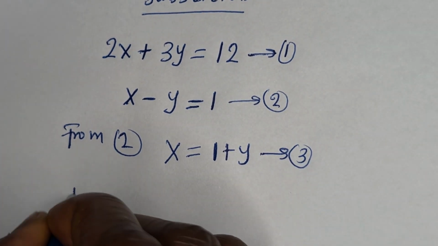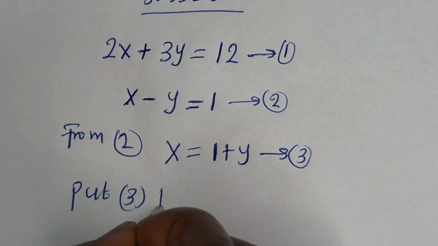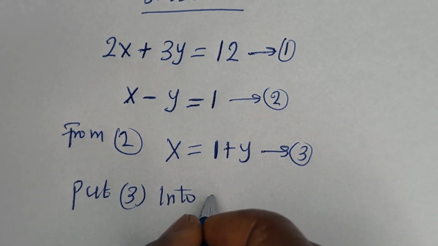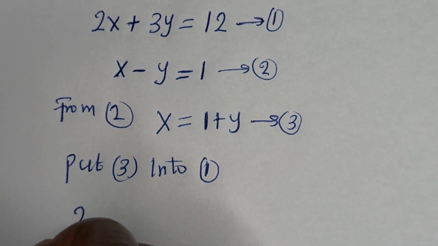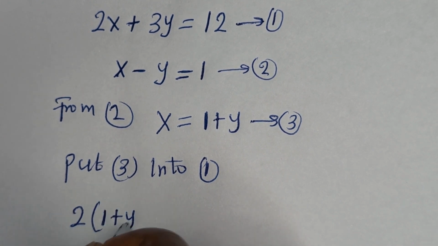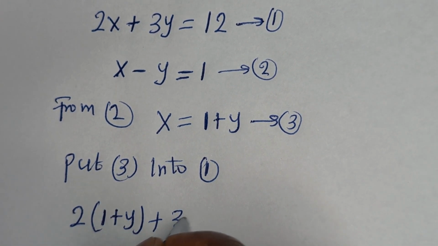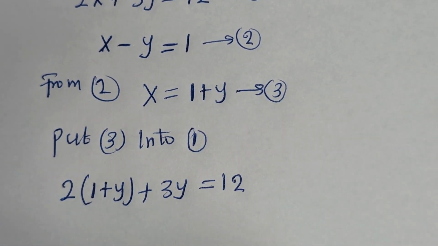That is, put equation 3 into equation 1. Then we have 2 bracket 1 plus y plus 3y is equal to 12.